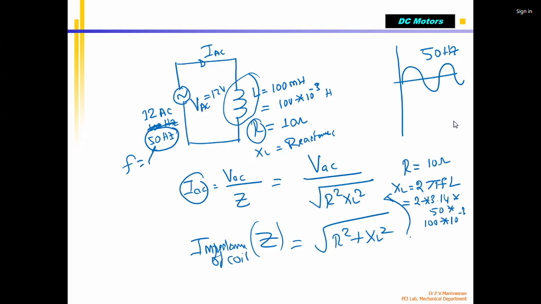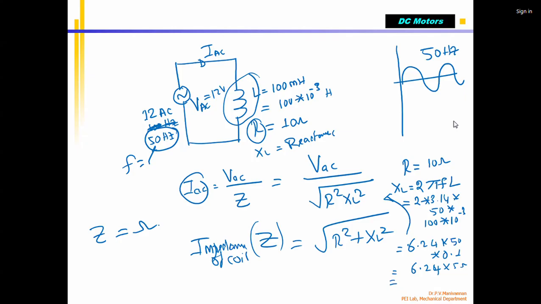So this is 6.28 multiplied by 50 into 0.1, which is 6.28 multiplied by 5. The unit for impedance is also ohms.